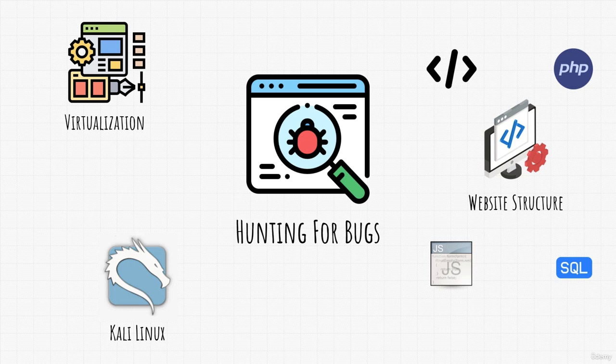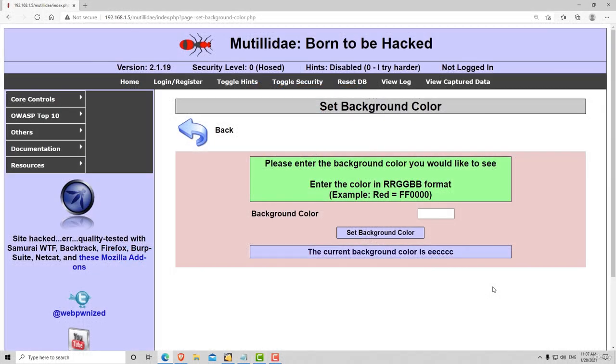Right now, I want to show you a quick little bug that is easy to perform, yet it's still considered a small vulnerability. Just so I can give you an insight on how easy it can be to sometimes discover a bug. So here I am on a web page that I'm running inside of my local network, and we can see that this web page right here performs a simple task. It asks us to enter the background color that we would like to see.